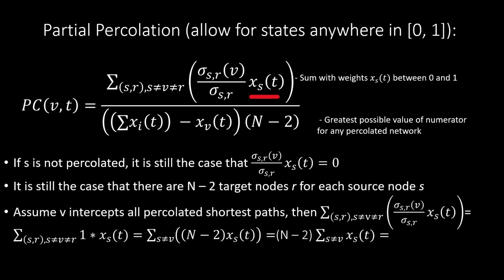And if the shortest path fraction is maximized to 1, assuming our node has a place along every percolated shortest path, then each of the n-2 summands will equal 1 times x sub s of t, meaning they sum to x sub s of t times n-2. From here, it's straightforward that our denominator is the maximum possible value of the sum in the numerator for any node in any network.